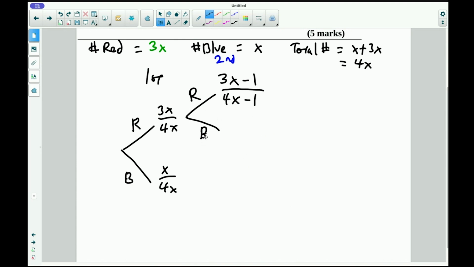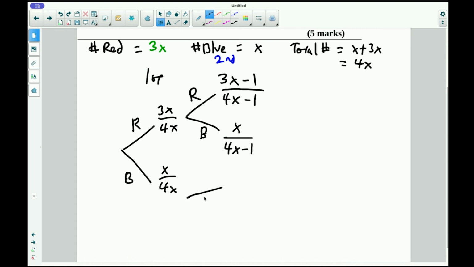If we take a look at our blue counters, we still have x counters, because we didn't take out a blue one yet. But now, because we removed one of these counters at random, it's x out of 4x minus 1.